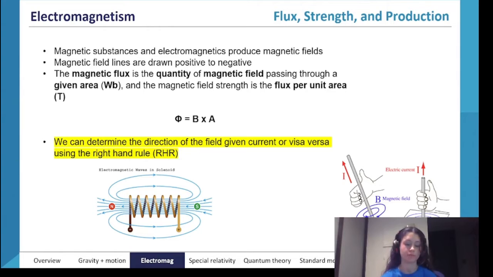the solenoid. So when we're using the right-hand rule with solenoids, we need to consider our fingers being the current instead of the magnetic field as they were with the current carrying wire. So our fingers are going to represent the current in the wire, and then our thumb is going to represent the direction of the magnetic field. So our thumb is going to be pointing towards north.